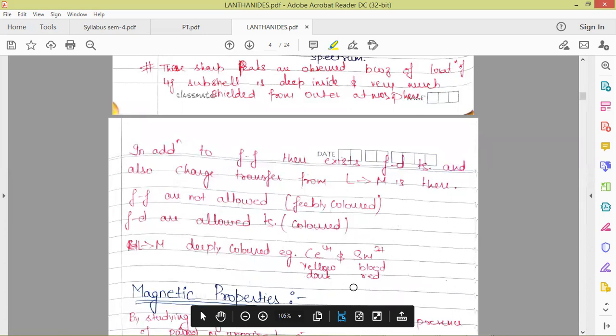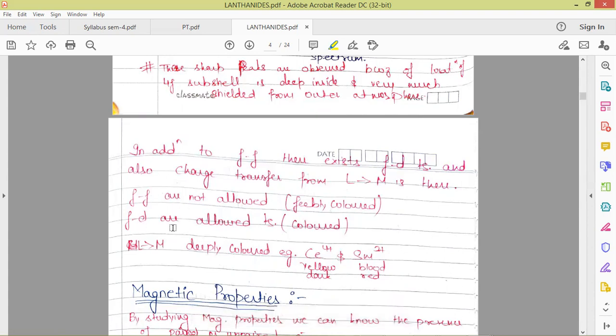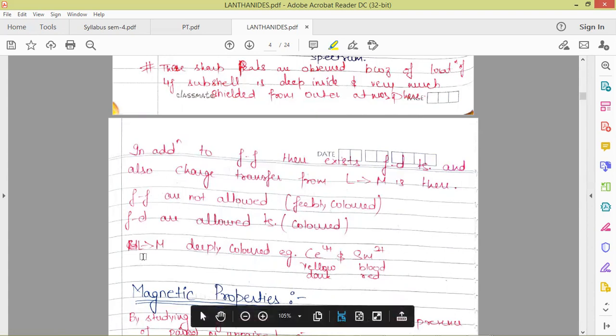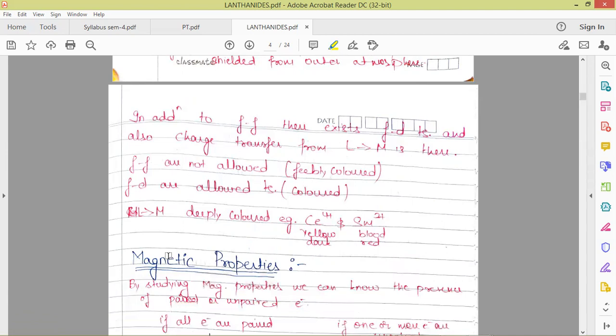These are dark yellow and blood red. So wherever there are f-f transitions, these are very feebly colored. f-d transitions are normally colored, and the complexes with ligand to metal charge transfer are deeply colored. So that is it for this lecture, and the magnetic properties of the lanthanide elements we will discuss in the next video.